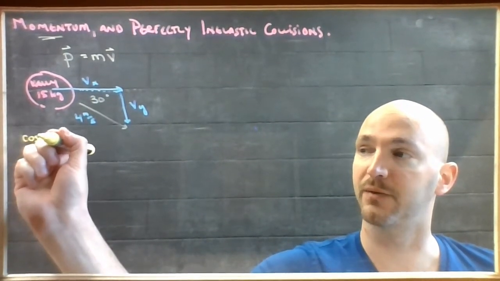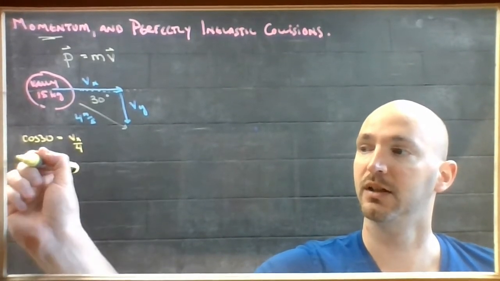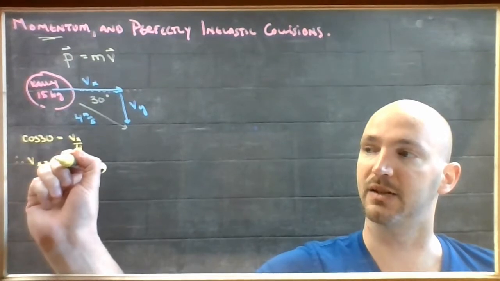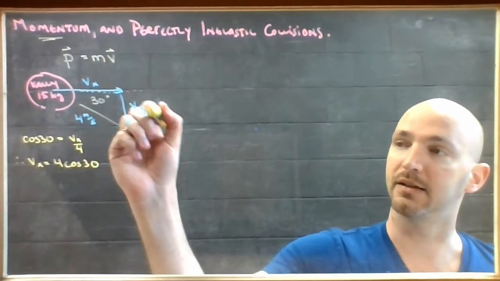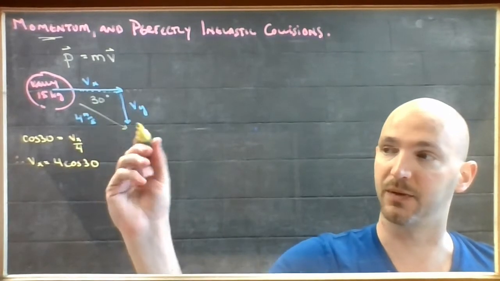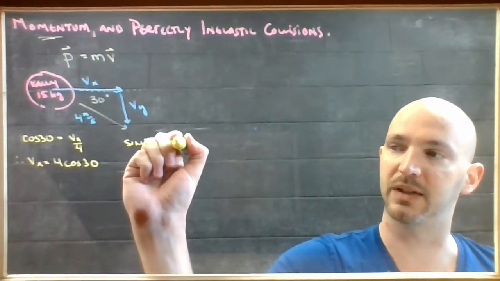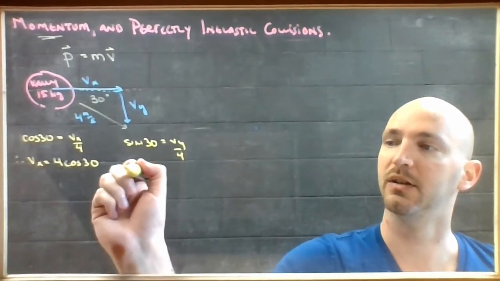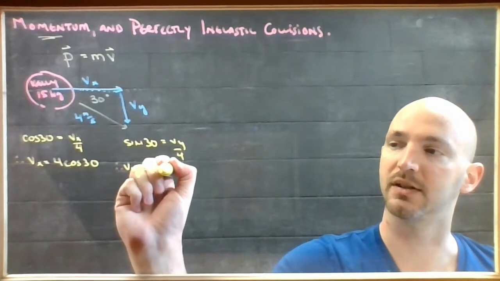So cosine of 30 will be Vx over 4. Therefore Vx is 4 cos 30. And the Vy is opposite of the 30-degree angle, so that's a sine ratio. Sine of 30 would be Vy over 4. Therefore, Vy is 4 sine 30.